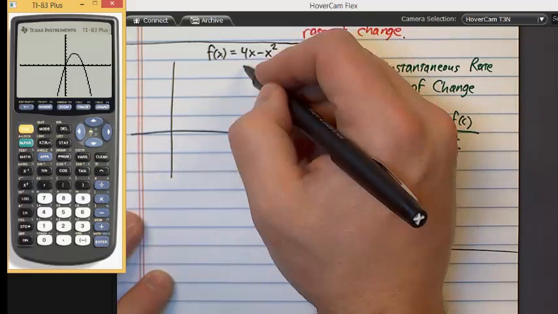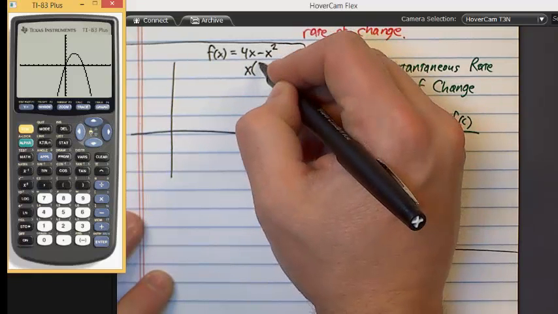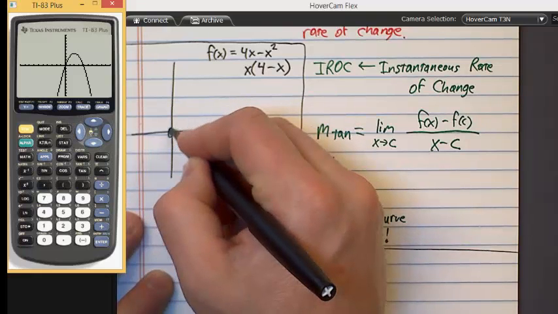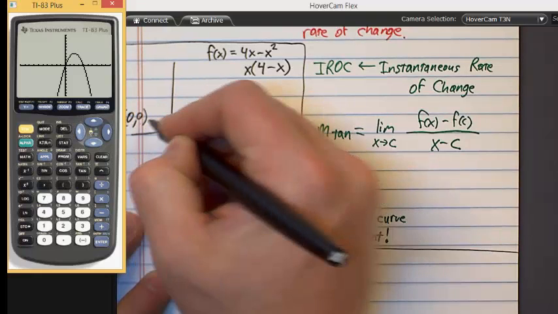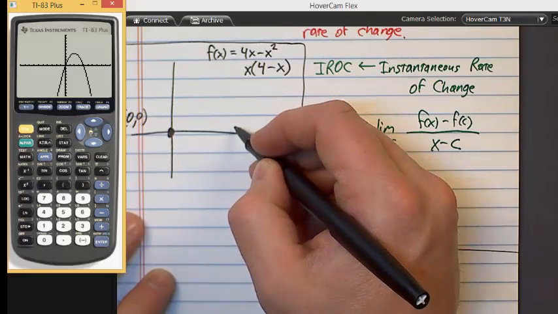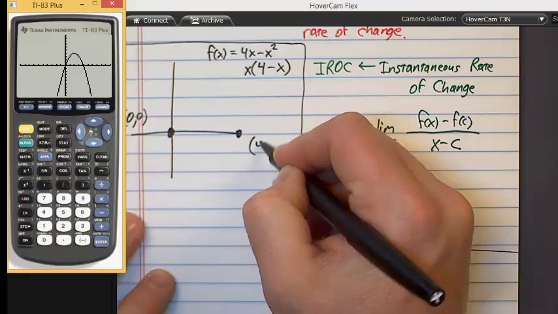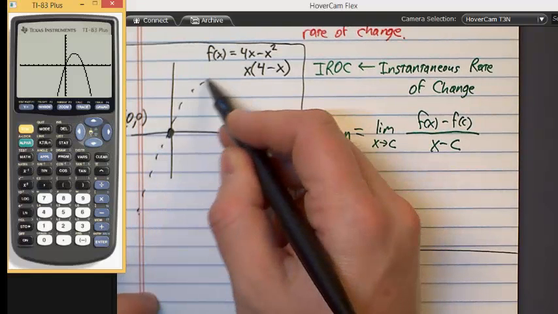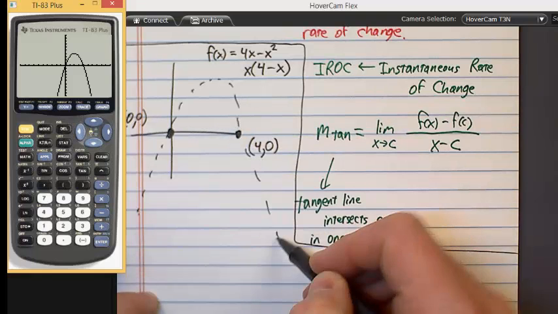By the way, if you factor that, you get x times 4 minus x. You could see that not only does it go through the point 0, 0, it also goes through the point 4, 0, right? It's a parabola. It has some symmetry. Where's the axis of symmetry going to be?